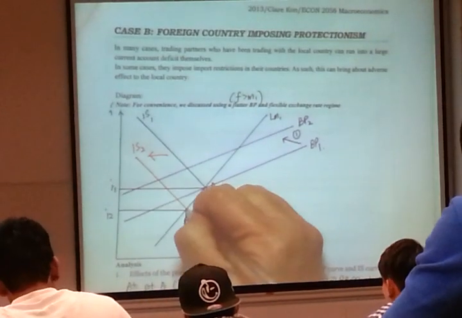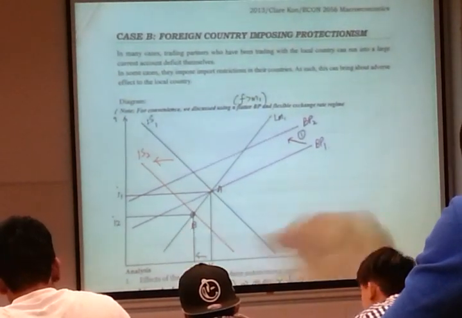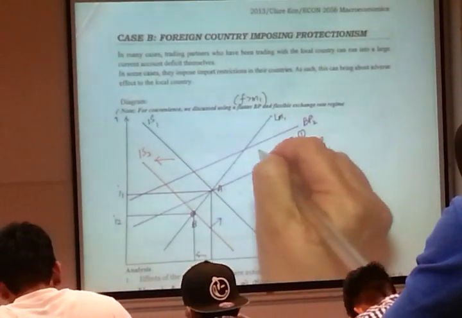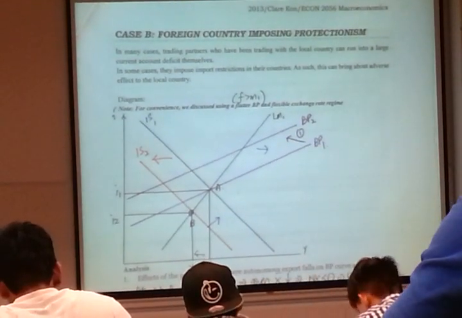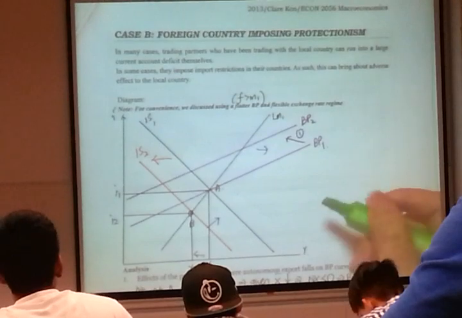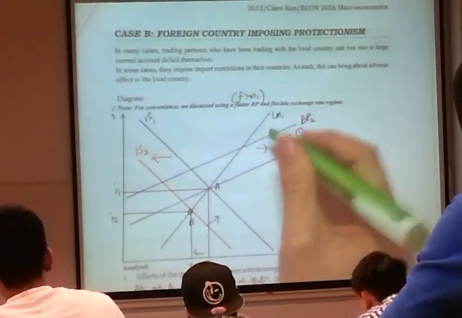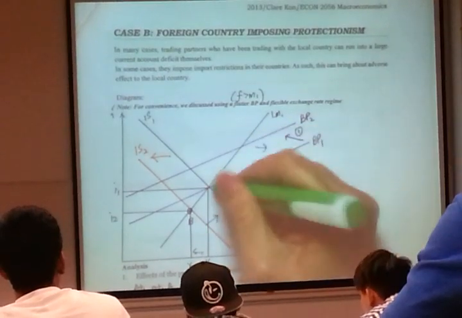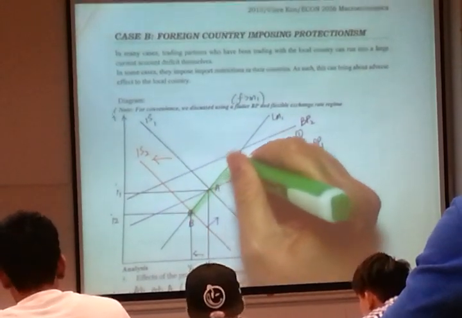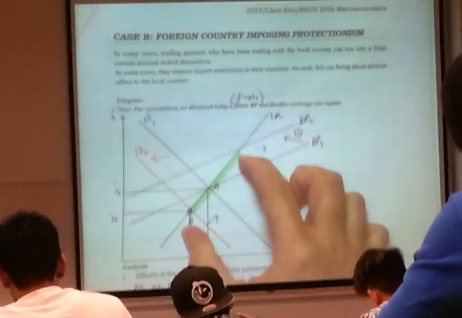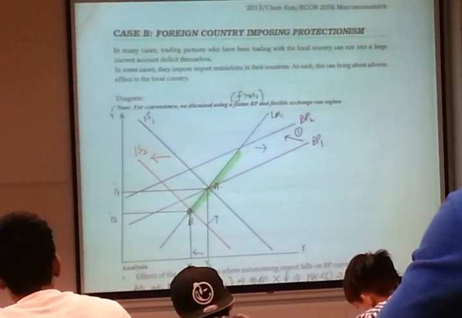You are at B. IS is going to shift right. BP is going to shift right. So it would be anywhere, right? I will just mark it up to show you. It will be anywhere here, anywhere between the markup area.